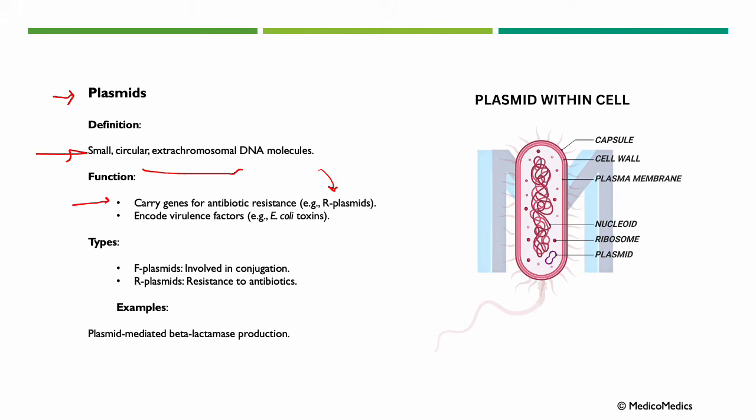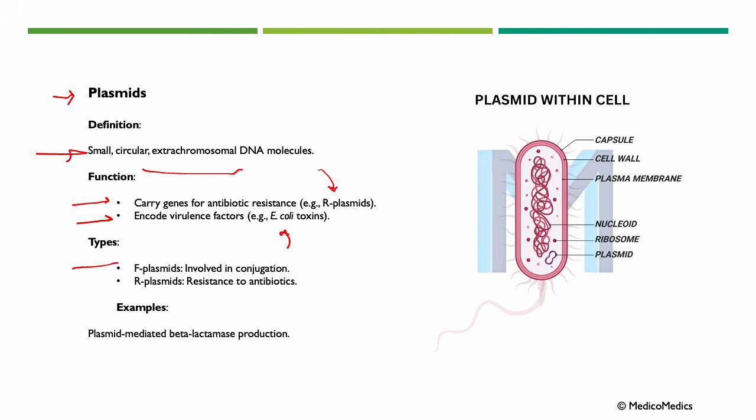These encode resistance genes against multiple antibiotics. They also have virulence factors that enhance bacterial pathogenicity, for example, toxins produced in E. coli.